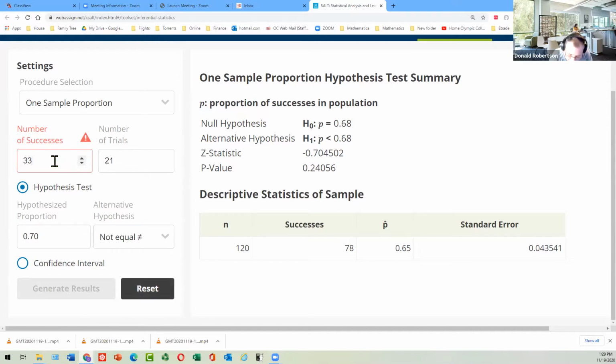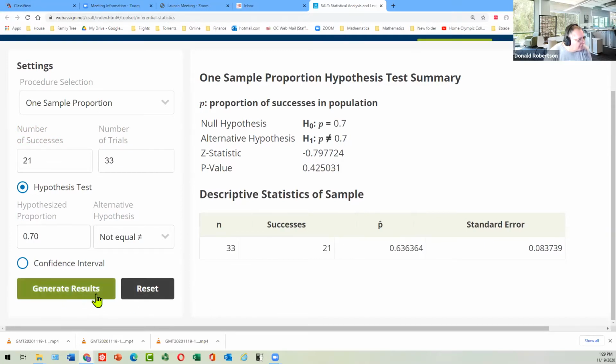And I got those two numbers the wrong way around. I'm glad the software is paying more attention than I am. There. Green, good to go. Generated results. There's your null and alternate. The z-score is negative 0.79 and some sevens, and the p-value is 0.4205.